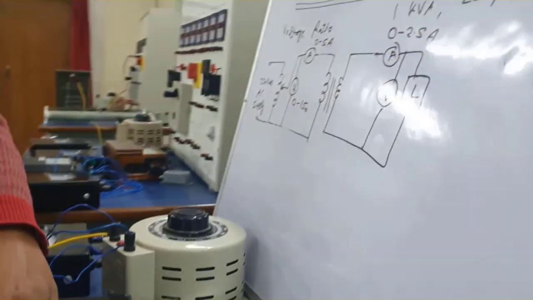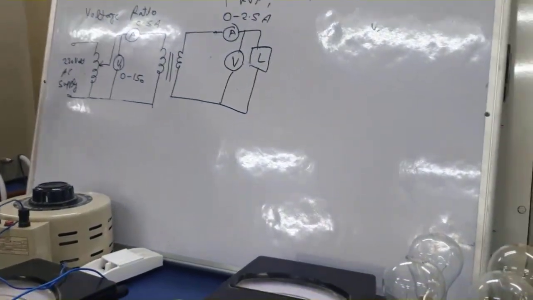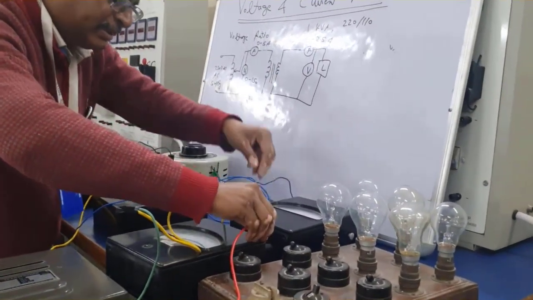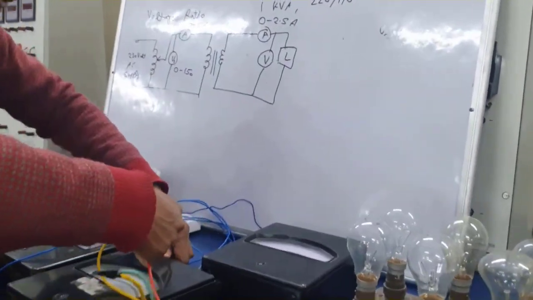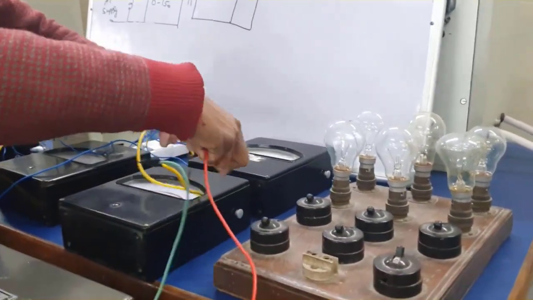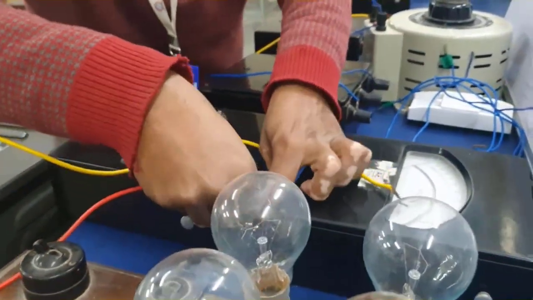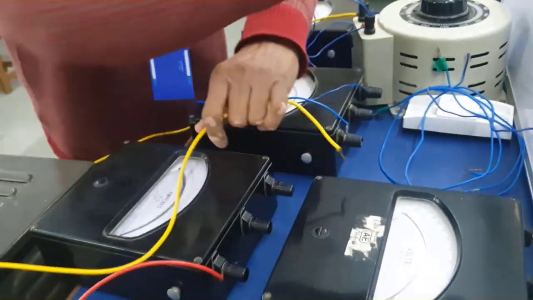On the secondary side we will connect an ammeter in series like this. This is connected to 0.5 ampere, yes, it is connected to 0.5 ampere.